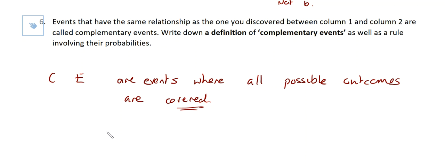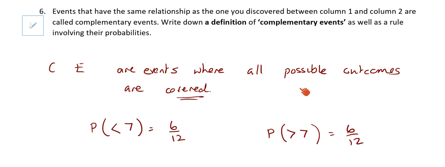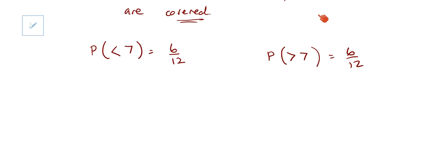Now, I did see a couple of these ones. Probability of less than 7 is 6 from 12, yeah? And the probability of greater than 7 is 6 from 12. Now, that's incorrect. Why?